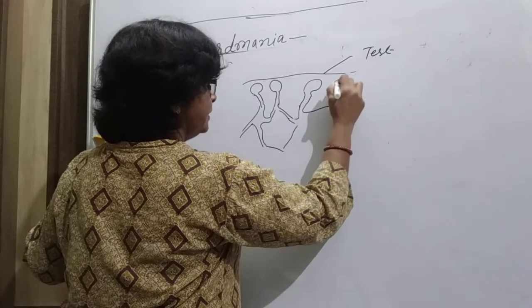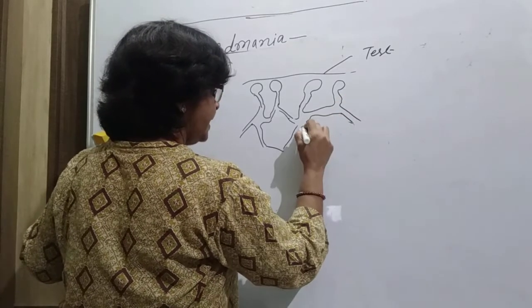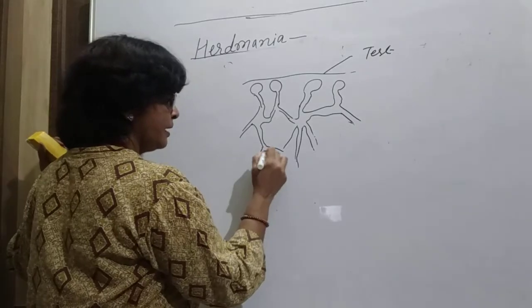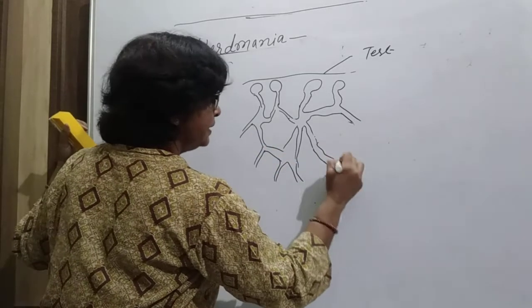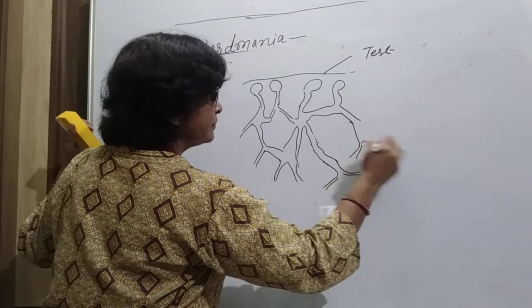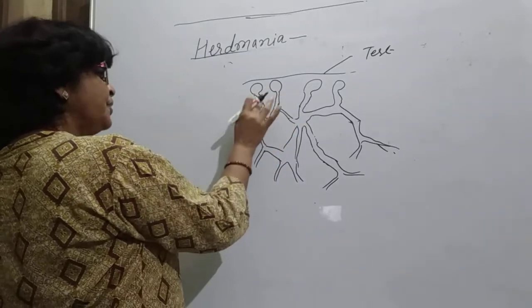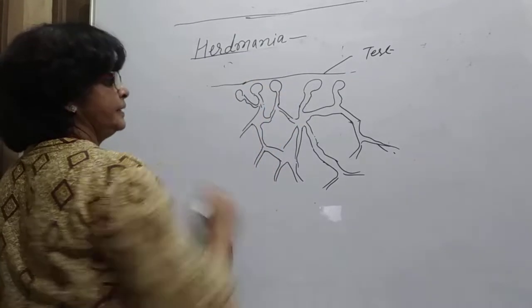We can make it like this, the anastomosing vessels present in the test. You can also make some branches like this and like this.